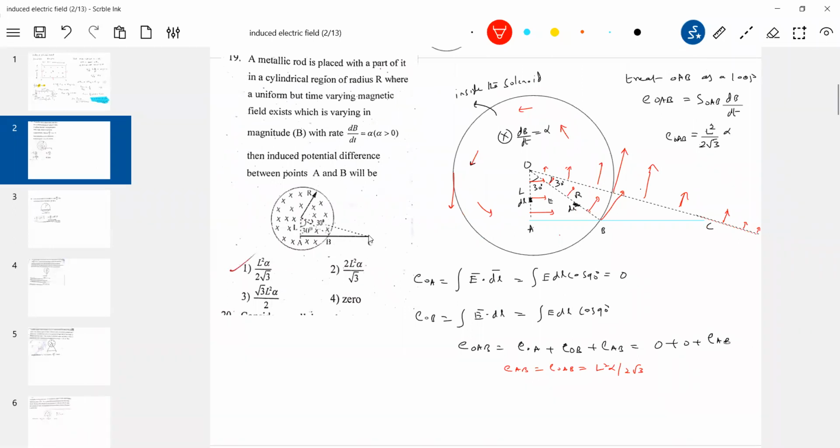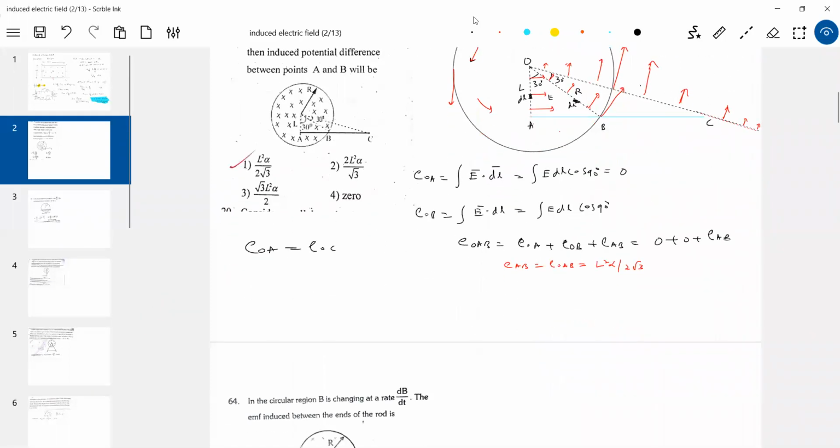Again, EOA and EOC will be 0, no? Then how to calculate EAC, but we don't know the area, no? So where the flux is linking, that is the effective area, you have to take this one. So what is the effective area of the triangle plus the area of the sector? Getting the idea?